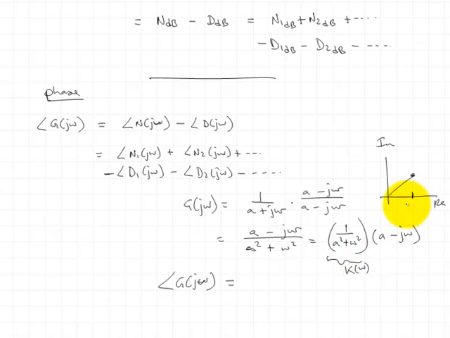So I will have a times k of omega for my horizontal, and for my vertical term I will have minus omega times k of omega, right?